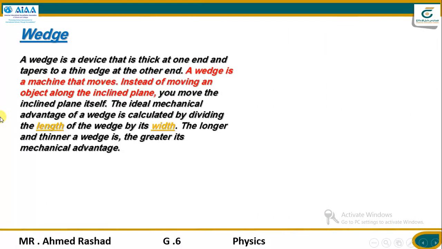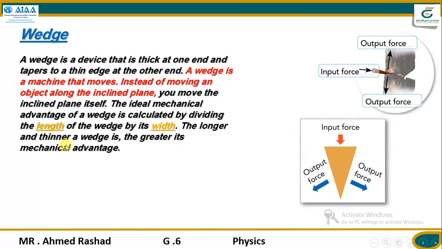Number two, wedge. Actually, a wedge is a device that is made up of two parts: number one, thin, and number two, width. So a wedge is a device that is thick at one end and tapers toward a thin edge at the other end. The wedge is a machine that moves, not like the inclined plane.